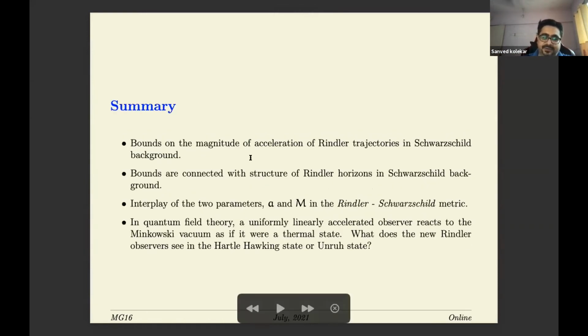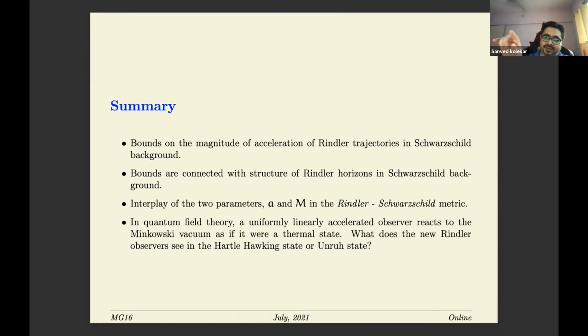The next part that we wanted to ask was, now we have a metric with two parameters in the problem, the acceleration parameter and the mass parameter. So it would be interesting to set up the QFT in this background and then ask what happens to the different states. We know that the Hartle-Hawking state looks like a thermal bath to the usual stationary observer, but now you have a different wedge inside the usual Schwarzschild wedge.